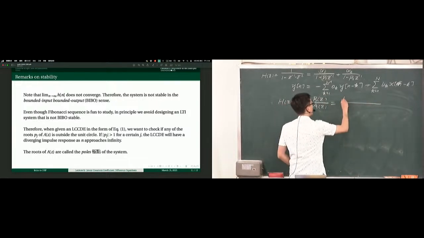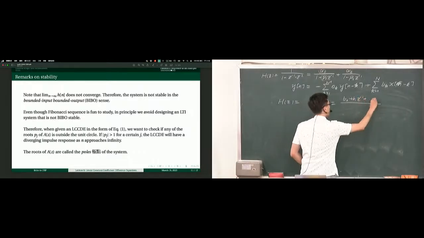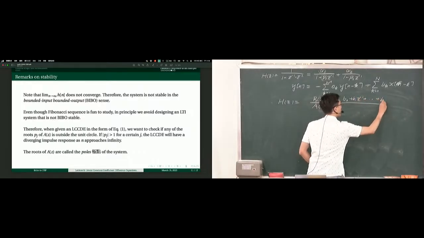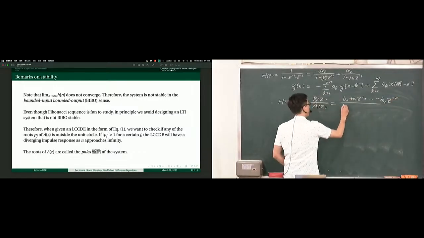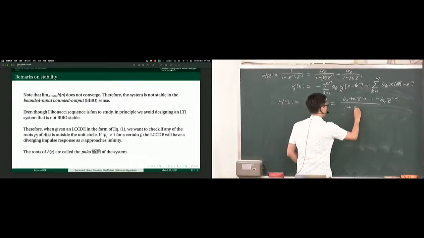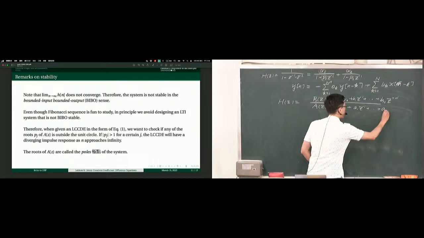We have b0 plus b1 z inverse plus and so on up to b_N z to the minus N, divided by 1, the leading coefficient is always 1, plus a1 z inverse plus and so on, up to the last term, a_N z to the minus Nth power.